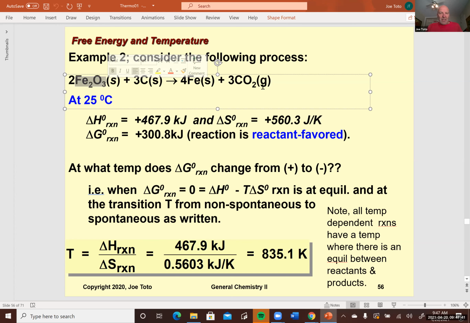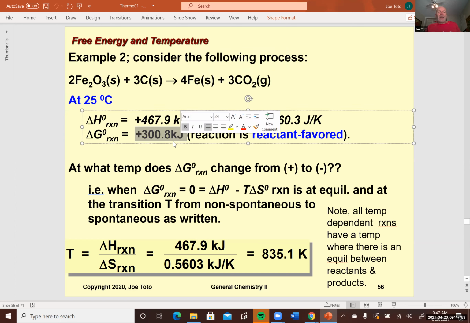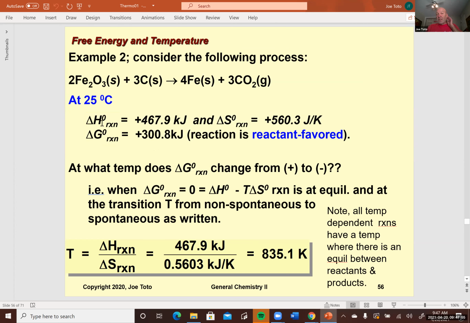And so you would think that the delta G for this process is positive, which means the spontaneity of the reaction is the reverse. And sure enough, it is. And that was calculated just using your book values and those equations that we introduced for the delta H of reaction and the delta S of reaction. So we find out that it is in fact positive.